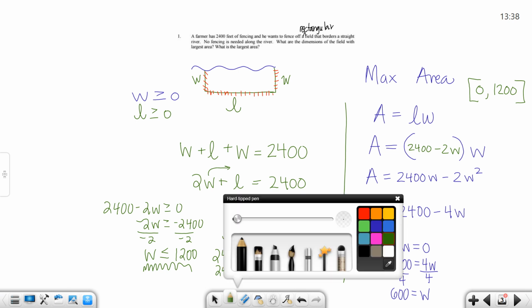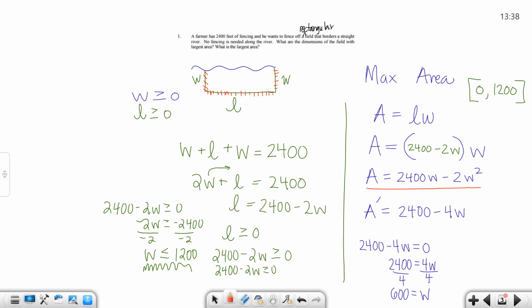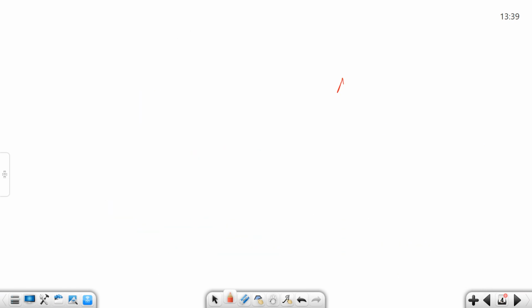Area equals, let me take this with me. Area equals 2400W minus 2W squared. Okay, I have three values that I need to plug in. I need to plug in W being 0, W being 1200, and W being 600.